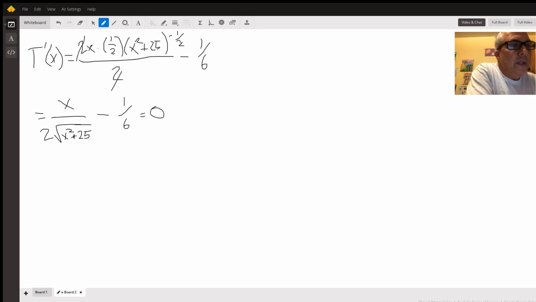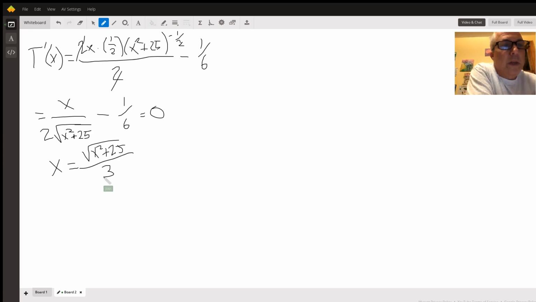We could move the 1/6 over and multiply by, say, 2 times the square root of x squared plus 25. That's going to leave us with x equals, I guess, the square root of x squared plus 25 all over 3.